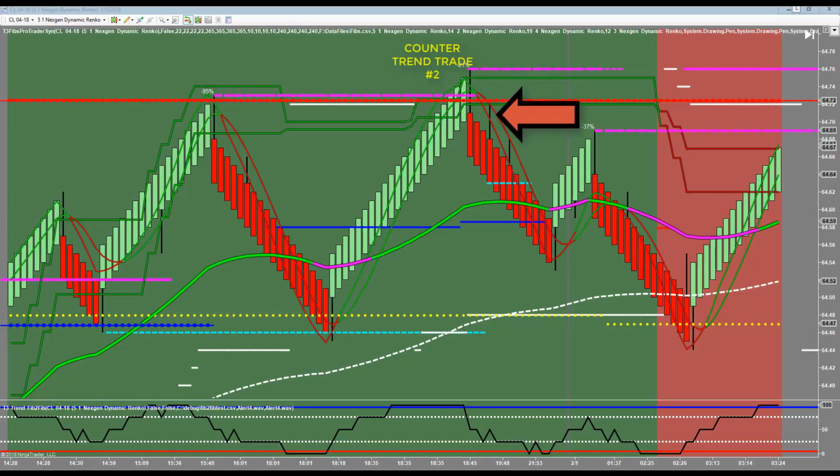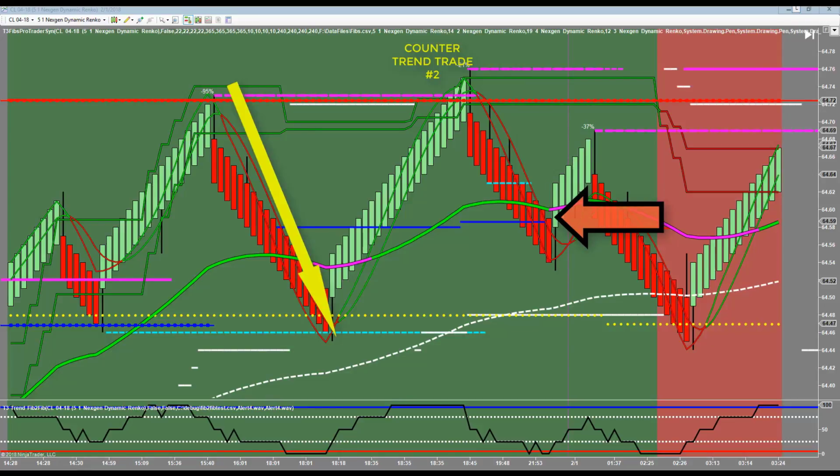And this is the type of trade where, because we've already had the first move off of resistance, typically the second move will not only reach the mid-band, but continue a little bit lower.